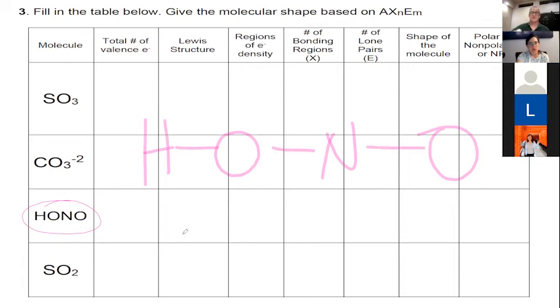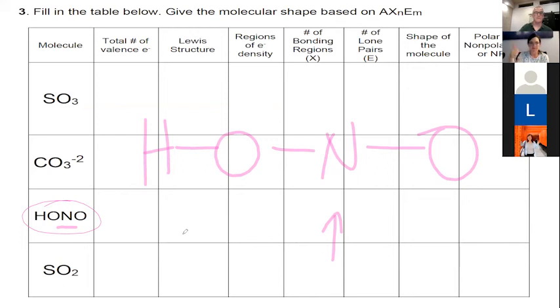So in this one, the central atom is going to be the nitrogen, because we don't really consider hydrogen. It's so small, we don't really consider it to be an atom, really. So we consider the larger atoms, oxygen, nitrogen. If there's a test, I'll put a line under the central atom so you'll know which one it is, okay?